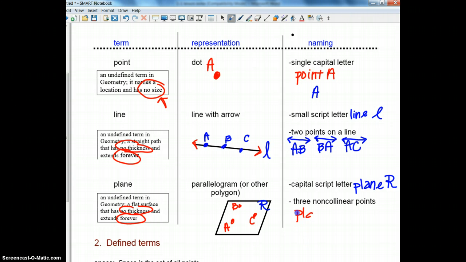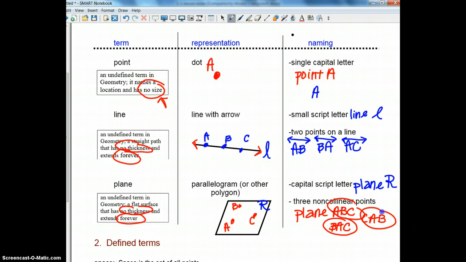So I can call this plane A, B, C. No commas. Just like if I were writing my name, R-A-Z-O-R, I wouldn't put commas in between them. I'm not going to put commas in between the name of a plane either. You could also switch the order around of those letters, so all 3 of these names would be appropriate names for this plane, using the 3 non-collinear points.